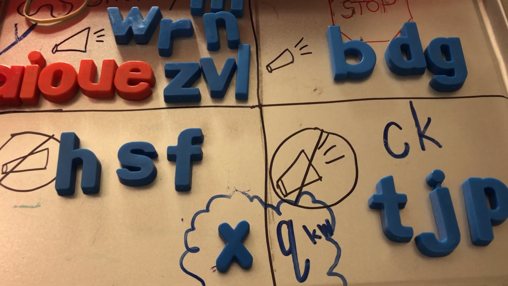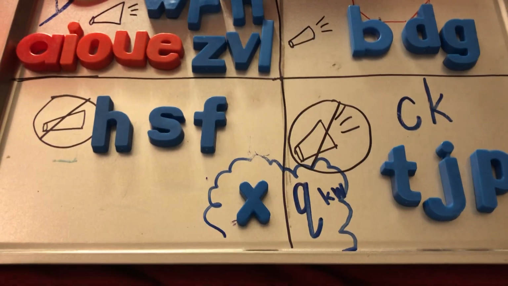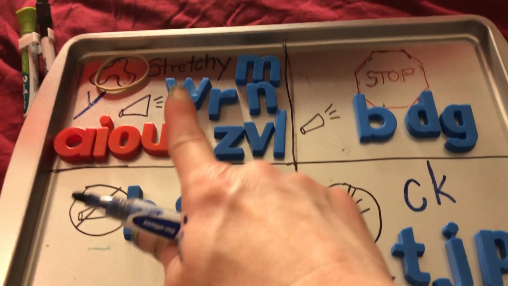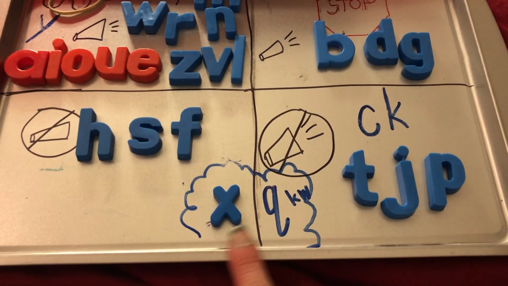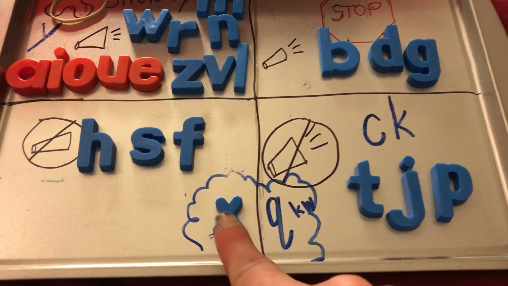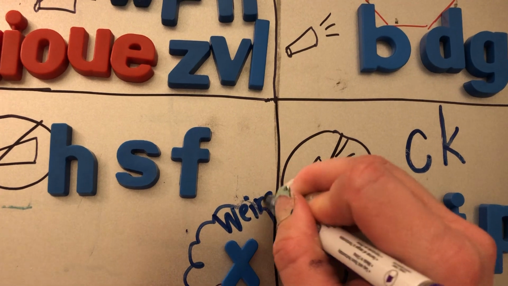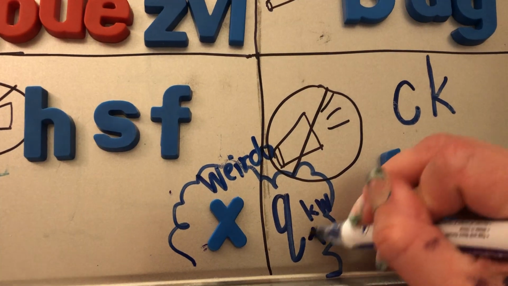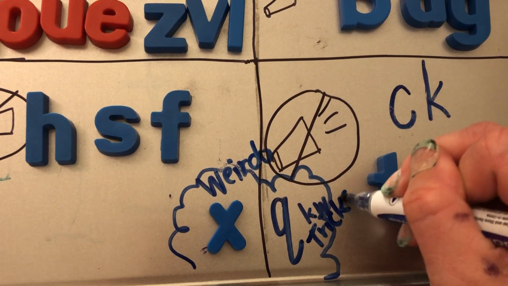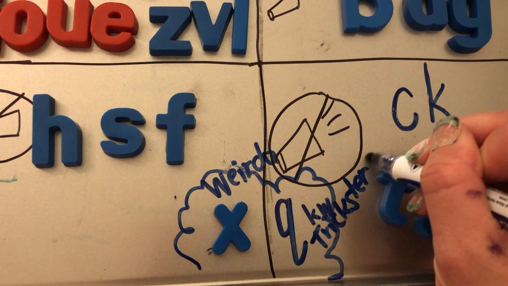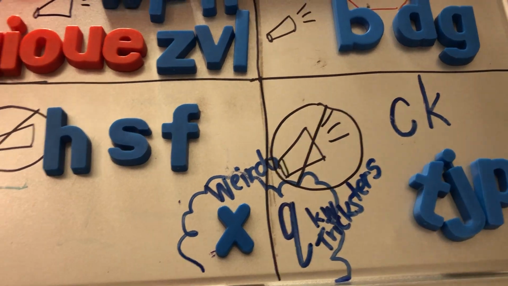X for X and Q for Q. So if I don't sort them under stretchy and stopper, that's because I consider them their own little group. They're the weirdo tricksters, because they stand for more than one sound.